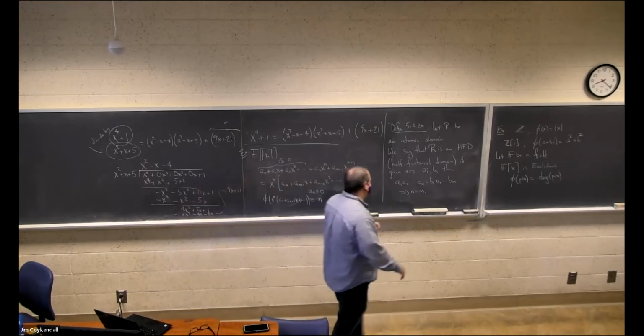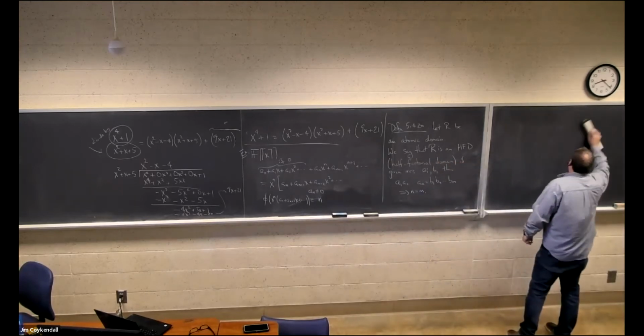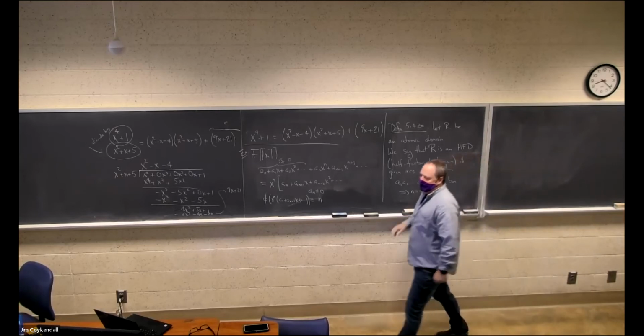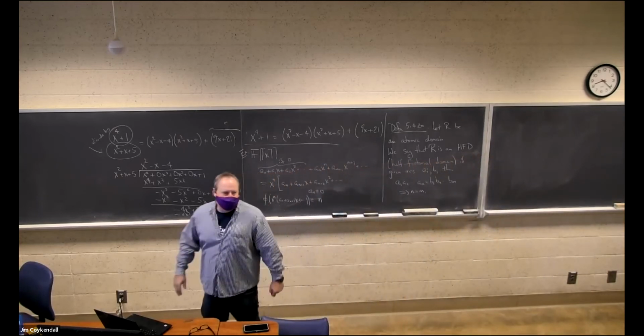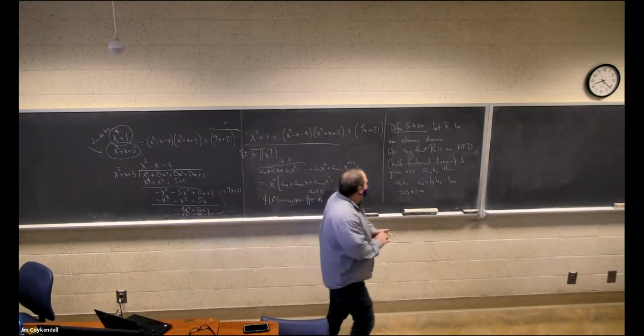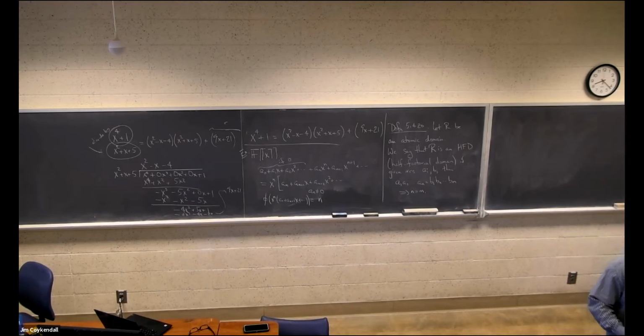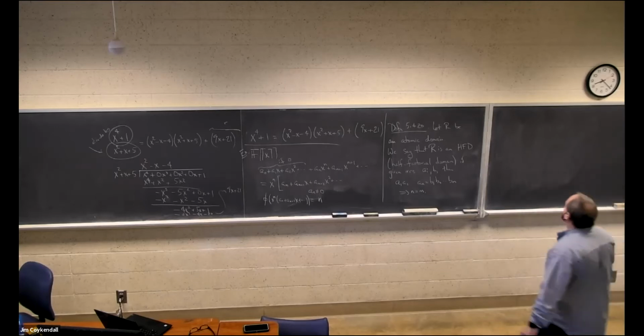So let me give you some examples and non-examples of this. What an HFD is, is something where you can factor everything into irreducibles, and you may not have unique factorization, but what you do have is that whenever you factor an element into irreducibles in two different ways, the lengths have to be the same.